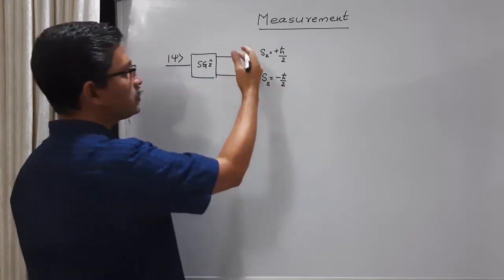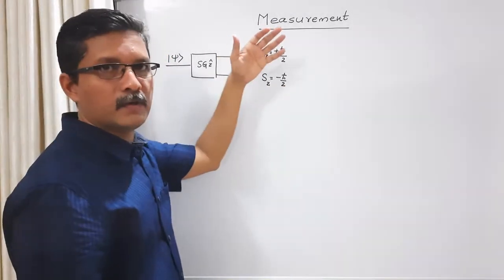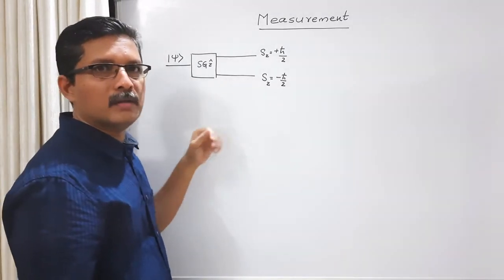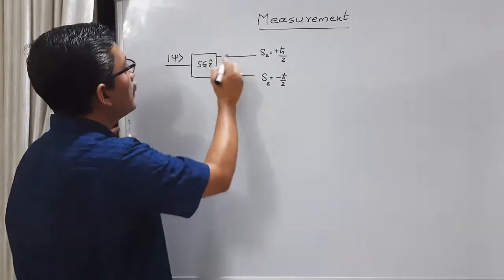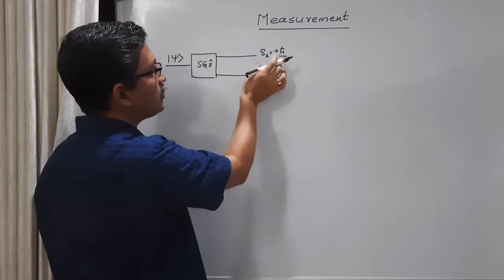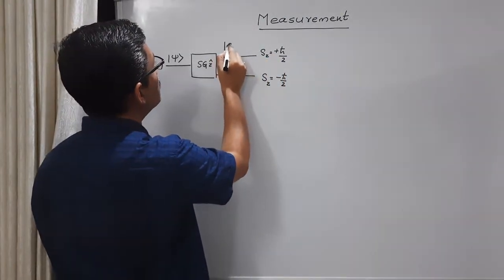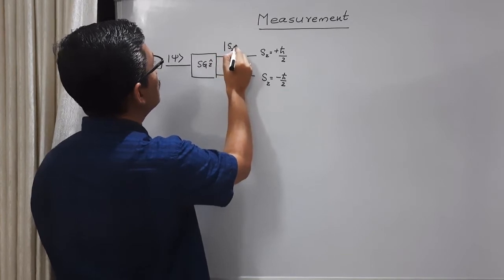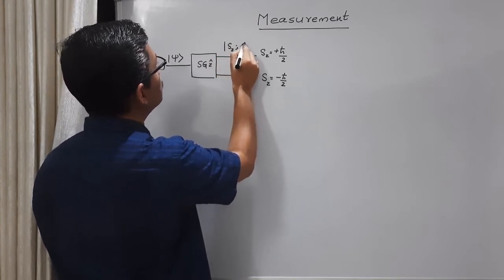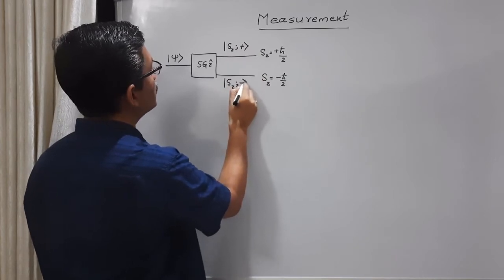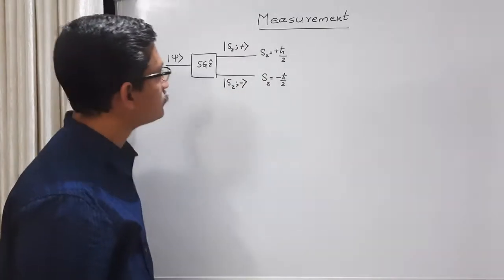So those with spin component plus h cross by 2 are deflected upward, and the other half of the beam are deflected downward. And this state with the spin component Sz equal to plus h cross by 2 is denoted by this ket Sz plus, and this is Sz minus.